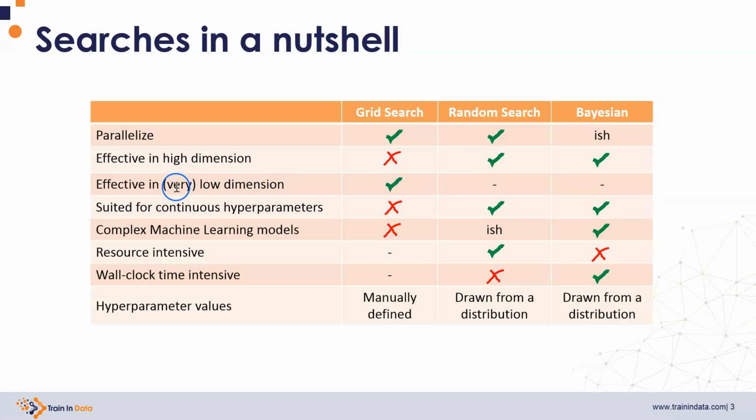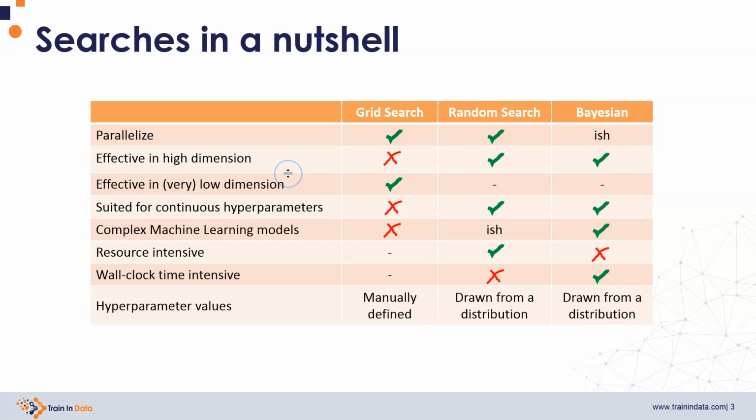And here notice that I put very low dimension in brackets, because as time passes and we use more and more complex models, what before was a low dimension, now it's a very low, and what here I call high dimensional spaces, when we train very complex neural networks, this is actually not so high dimensional because we can have even higher dimensional spaces.